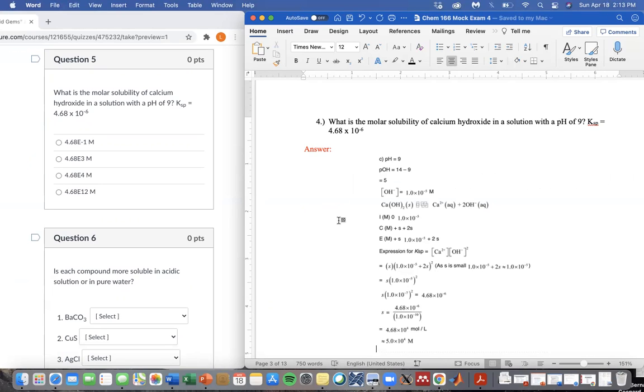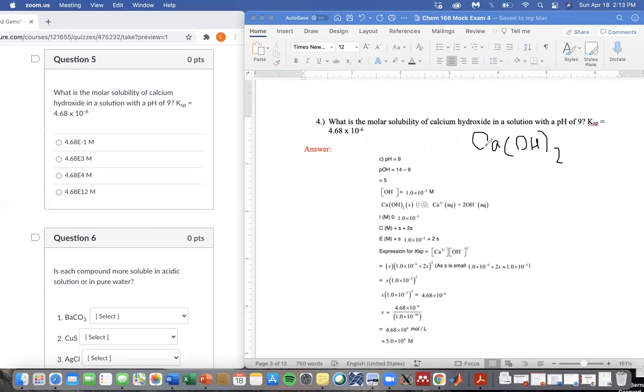And one thing that you have to figure out by yourself with this problem is that the formula for calcium hydroxide is CaOH2. So when you do your KSP, you're going to have to take into account that it's not just CaOH. But hopefully you've seen calcium hydroxide or magnesium hydroxide often enough where you're able to determine that yourself.